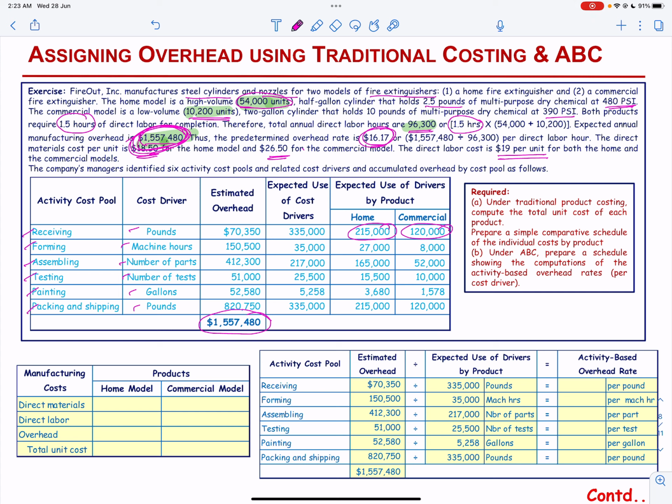So if you add up 215 plus 120, that gives 335. So obviously the expected use of cost drivers is split between the two products, and they are equal to the expected use of cost drivers.